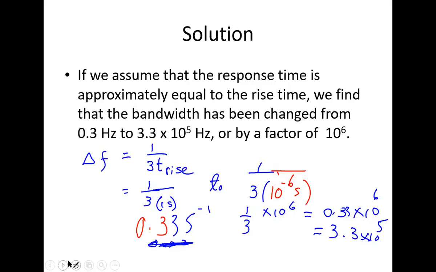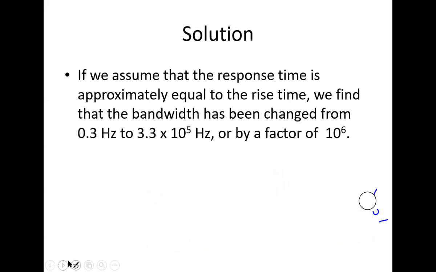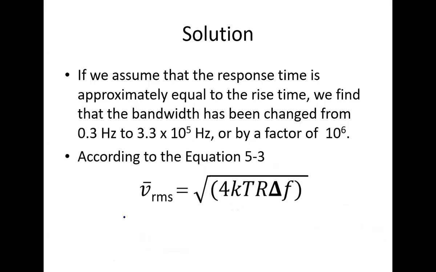Everybody okay with that? If the bandwidth is a million, then we are dealing with the noise. Assume the response time, we know how to get this. From this equation, which we know, this is the thermal noise, the root mean square, is equal to 4kT R delta F. K is the Boltzmann constant, that's a constant.